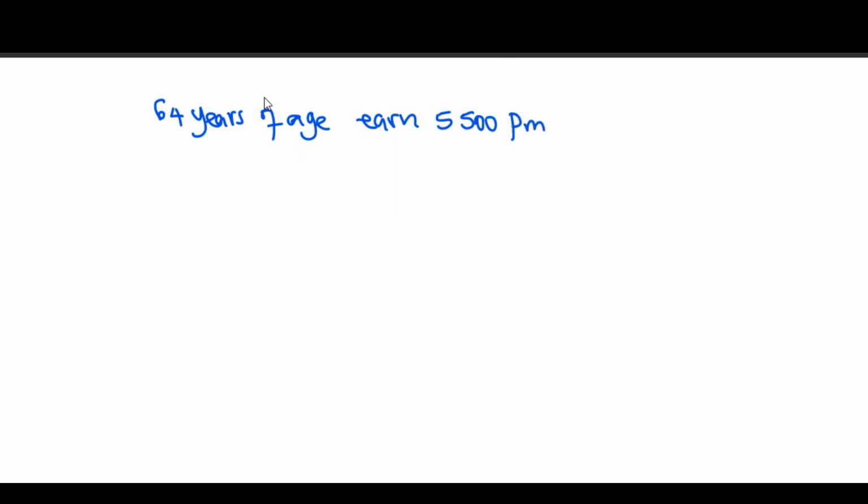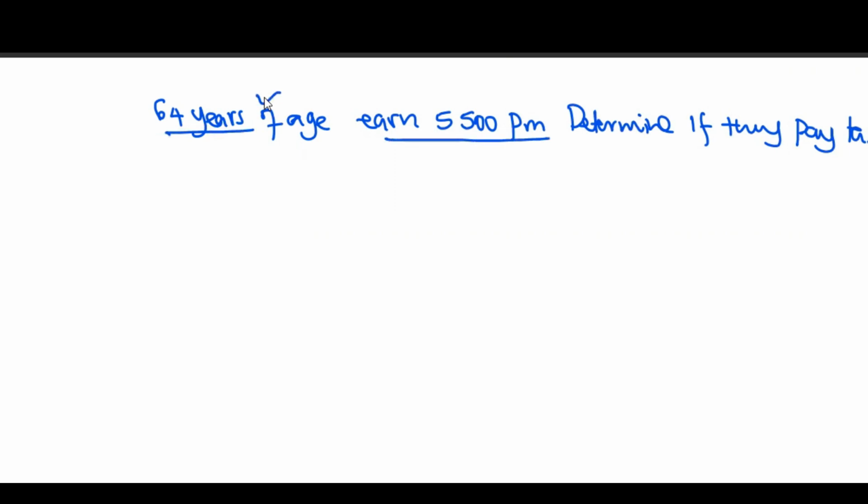We need to determine if they pay tax. First and foremost, the person is 64 years of age, keep it aside. How much does he earn? He earns 5,500. So what we're going to do, we shall take the values and multiply by 12. 5,500 times 12.